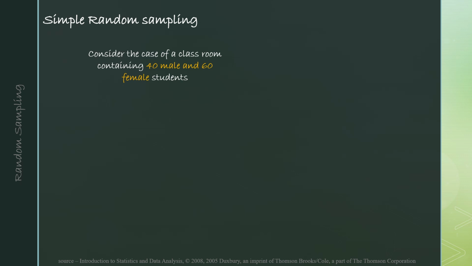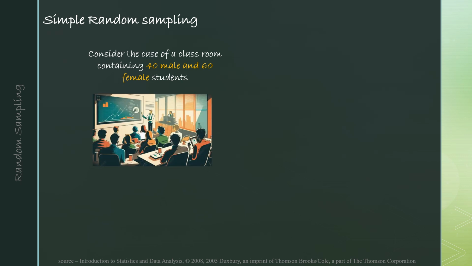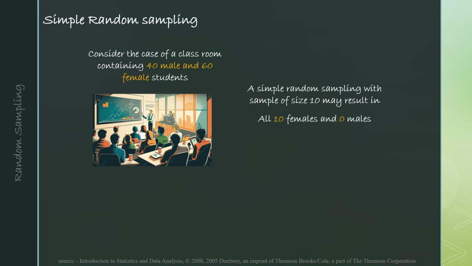For example, consider the case of a classroom containing 40 male and 60 female students. A simple random sampling with sample of size 10 may result in all 10 females and 0 males, all 10 males and 0 females, 9 males and 1 female, and a few more of such skewed samples.